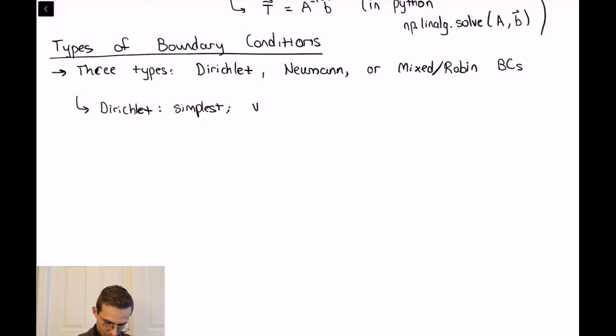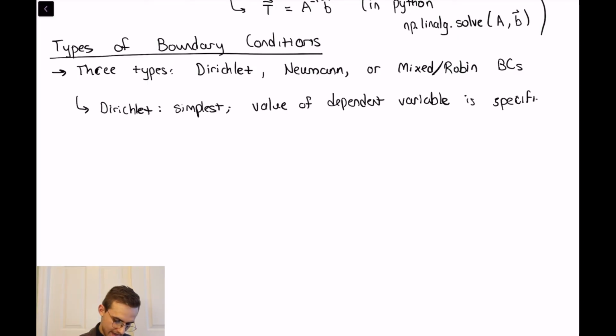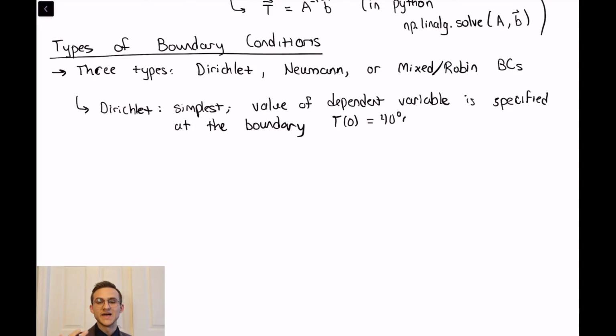Value of dependent variable is specified at the boundary. So this is just like where we looked, T at 0 is equal to 40 degrees, right? So we're actually specifying the value of the temperature at the boundary point.